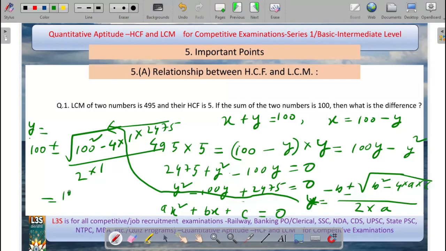So 100 plus or minus root of 100 square minus 4ac, if we simplify it, we will get root over 100, then divided by 2. So we get 100 plus 10, which is 110, by 2, and 100 minus 10, which is 90, by 2.